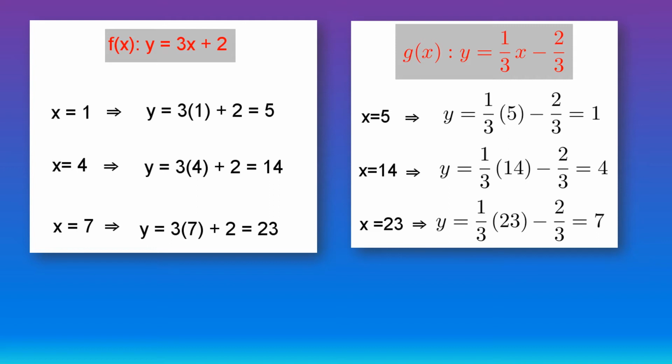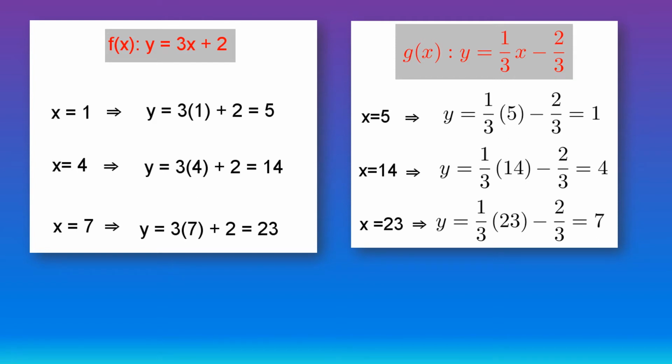When we substitute x equal to 5 into g, we get y equal to 1 over 3 times 5 minus 2 over 3 equal to 1. When we use x equal to 14, we get 4. Use the calculator. When we substitute 23, we get 7.